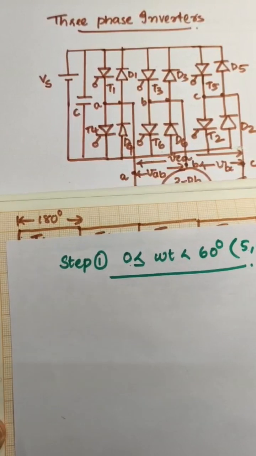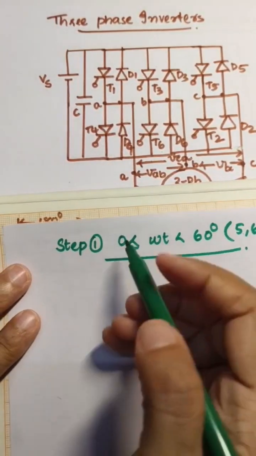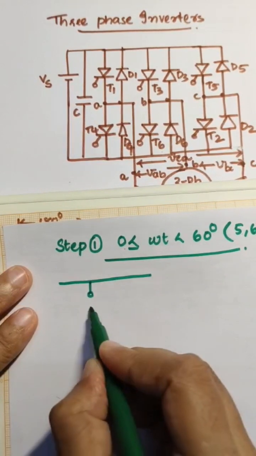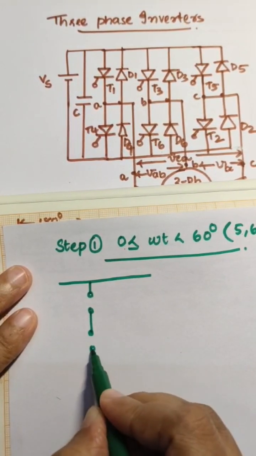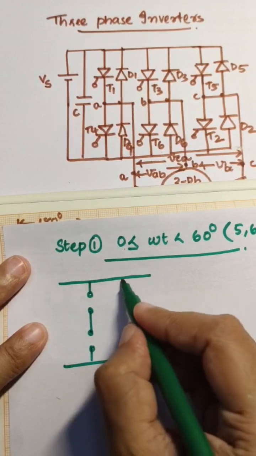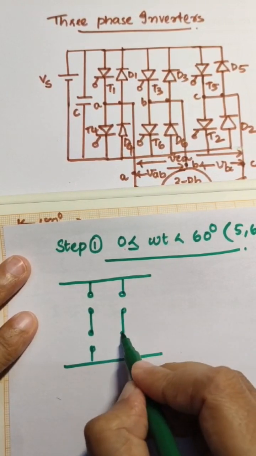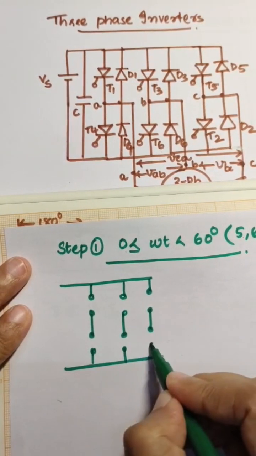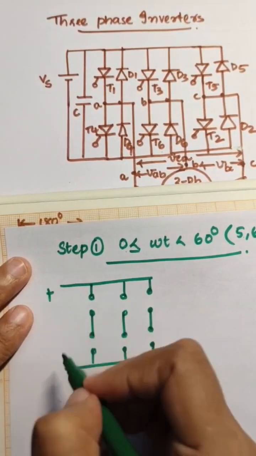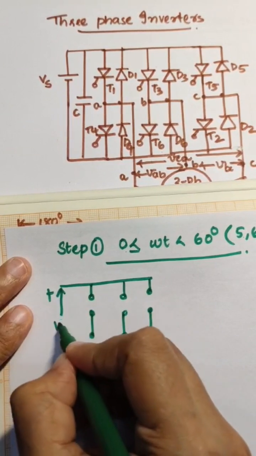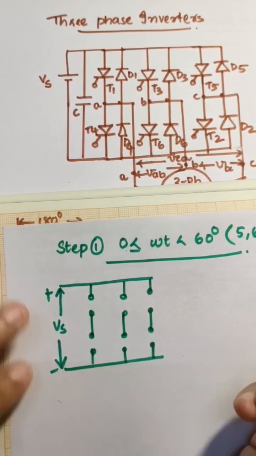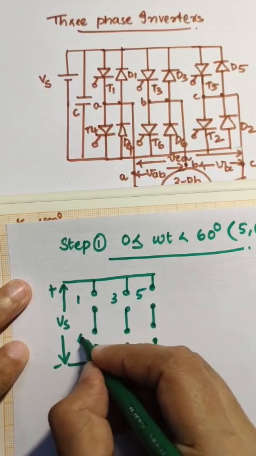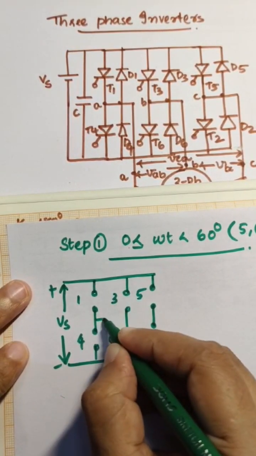To draw the circuit, first we need to indicate the switches. Plus minus, input voltage is indicated as Vs. And switches are 1, 3, 5, 4, 6, 2.